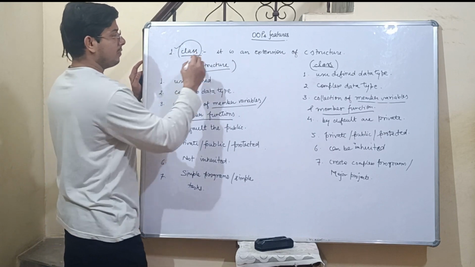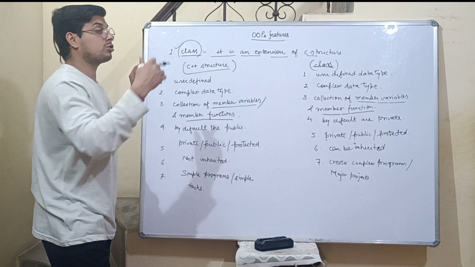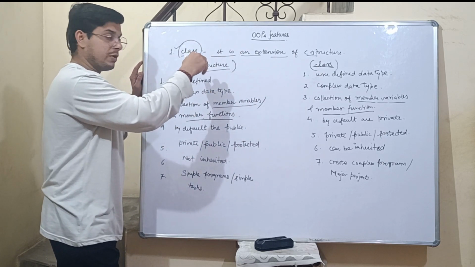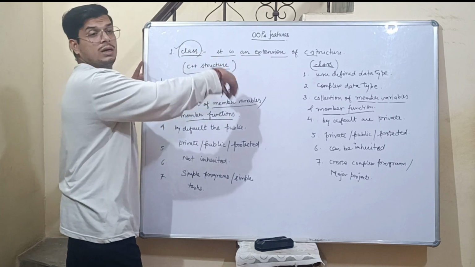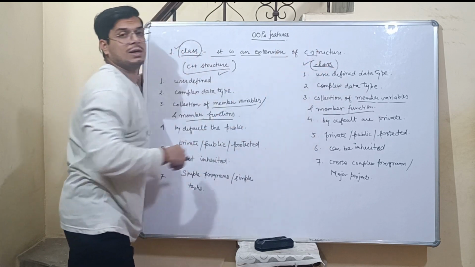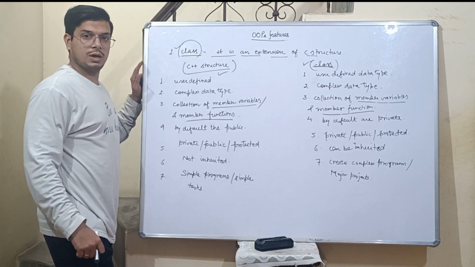Now you can see why the class is called the extension of C++ or C structure. C structure is very much different from C++ structure, and C++ structure gives the extension to the concept of class. That's why class is the extension of C structure. Okay.